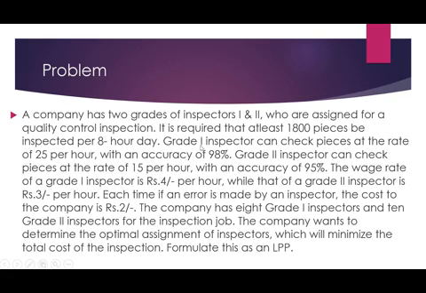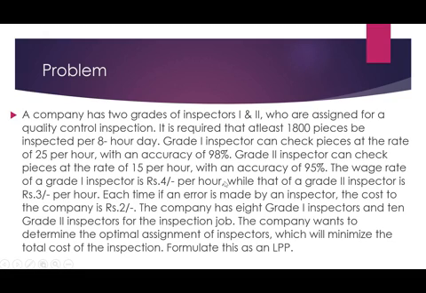Continuing with the problem, a grade 1 inspector can check pieces at the rate of 25 per hour. He can check 25 pieces in 1 hour with an accuracy of 98%. A grade 2 inspector can check pieces at the rate of 15 per hour with an accuracy of 95%.